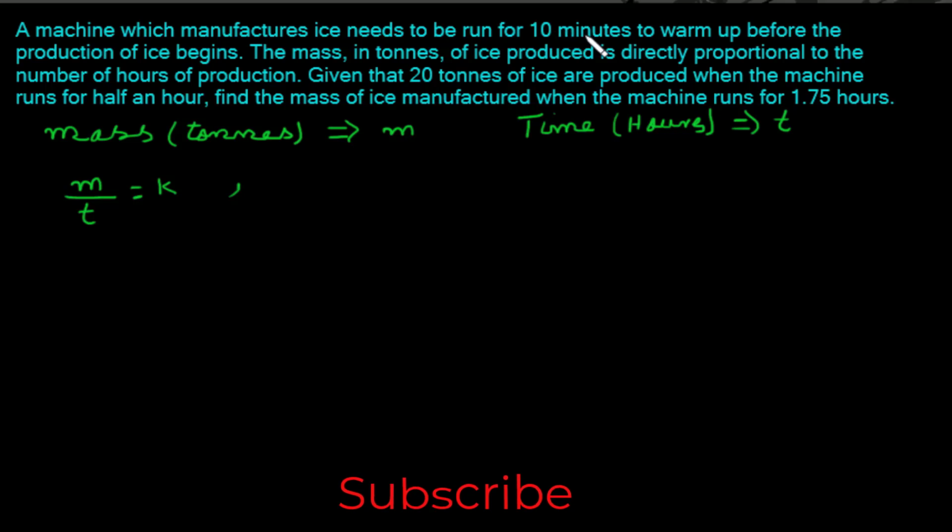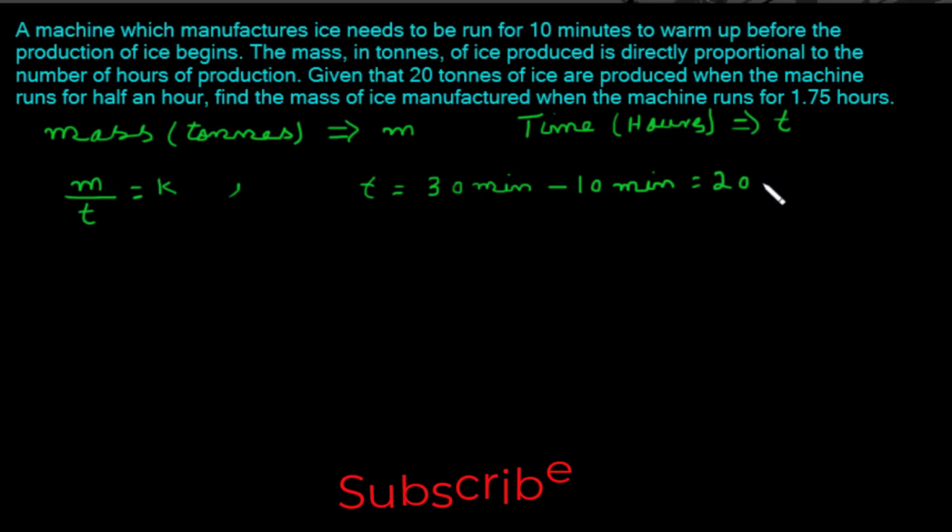So 20 tons of ice are produced when the machine runs for the whole time, which is 30 minutes, but we only need the production time. So 30 minutes minus 10 minutes gives us only 20 minutes.